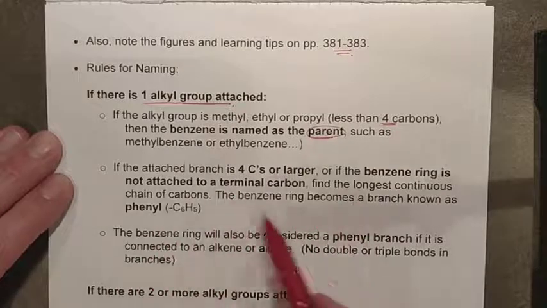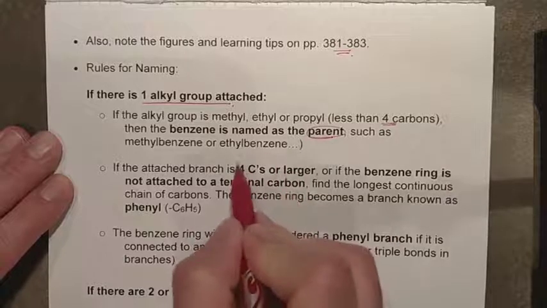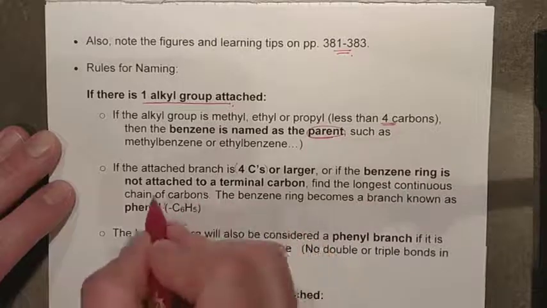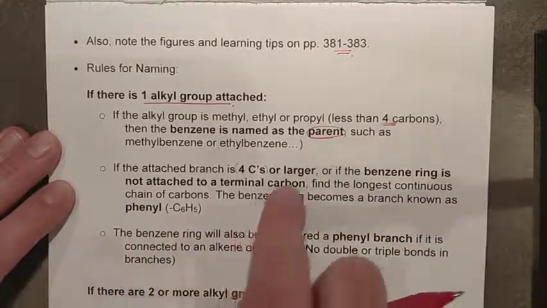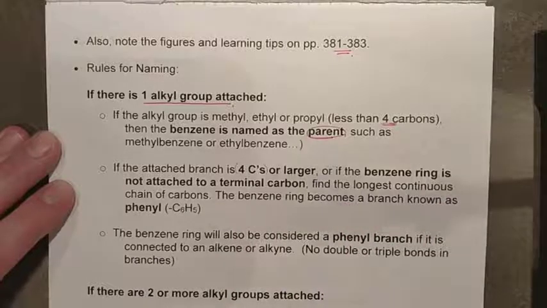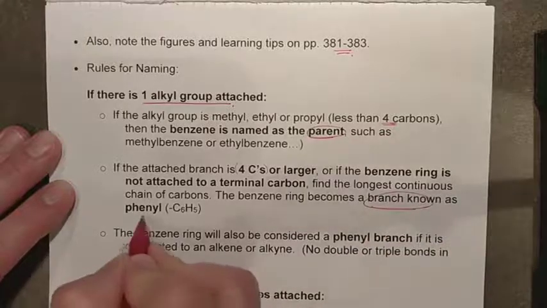If, however, the attached branch is 4 carbons or larger, 4 is kind of that weird spot, so we try not to show it to you, or if the benzene ring is not attached to a terminal or end carbon, find the longest continuous chain, and the benzene ring is now treated as a branch and a prefix known as a phenyl group.